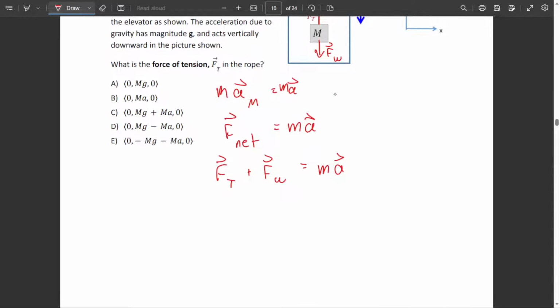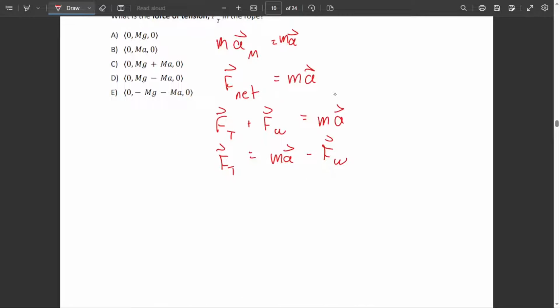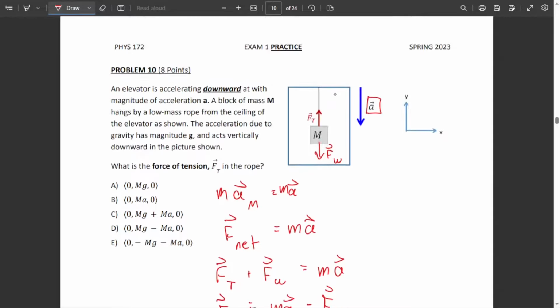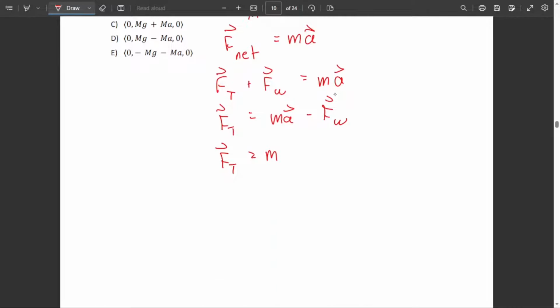So we get force of tension is equal to mass times acceleration minus force of weight. If we write it out all in vectors, we get mass times just downward acceleration.